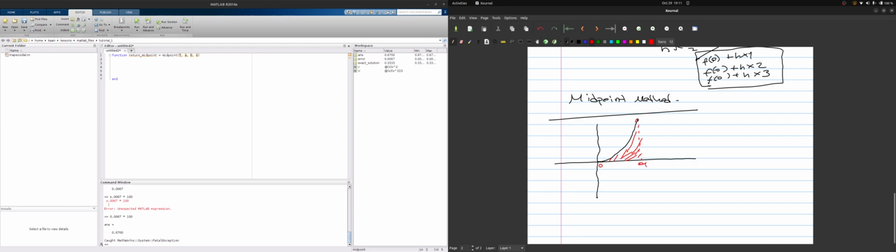Now, what do we mean by the midpoint method? Again, we have h, with starting point A and ending point B, which is B minus A over N. N is the number of steps we will take.